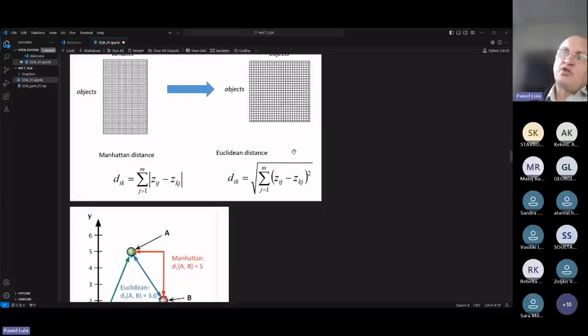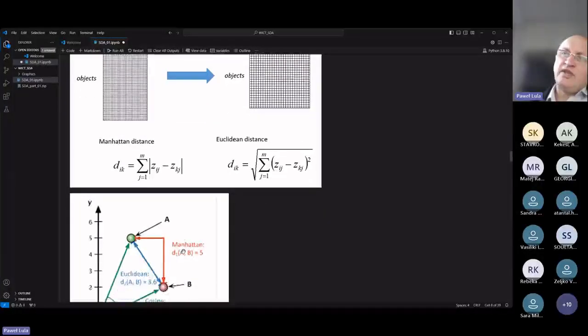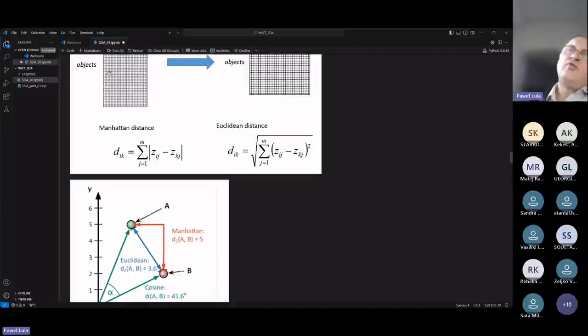The interpretation for this formula is here. We know that rows, objects, can be represented by points in space.